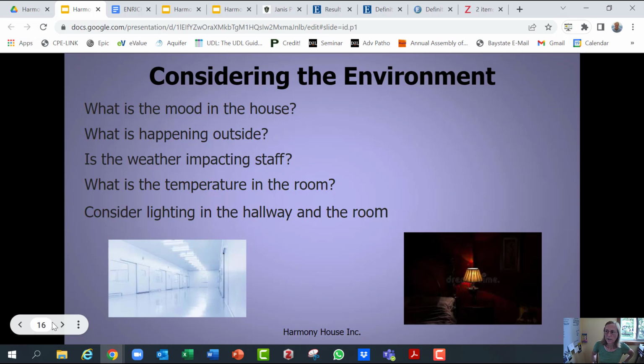And we want to consider the environment so that we're providing really exceptional and thoughtful end-of-life care for people who are in the active dying process, and really trying to detect and be sensitive to the mood in the house, what's happening outside of the house, what's happening with the weather. Is that impacting the staff? What's the temperature and the lighting like in the room as well as the hallway?